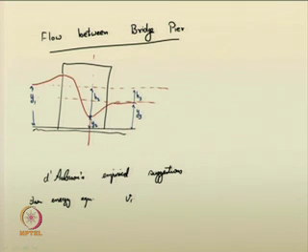Let us consider V 1 squared by 2 g plus y 1, that should be equal to... So, you know that this is the energy line.